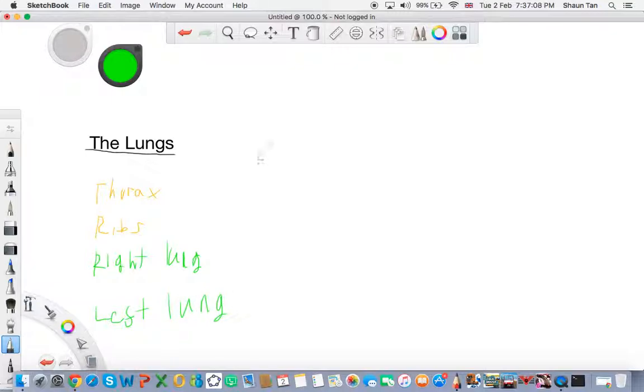So, here's the important thing to remember. The right lung is important.